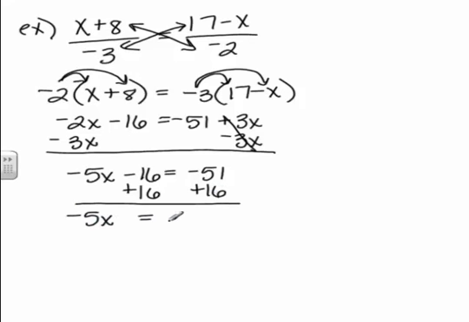Negative 5x equals negative 35. And divide both sides by negative 5. My rule says if I divide a negative by a negative, it is a positive. So negative 35 divided by negative 5 is 7.